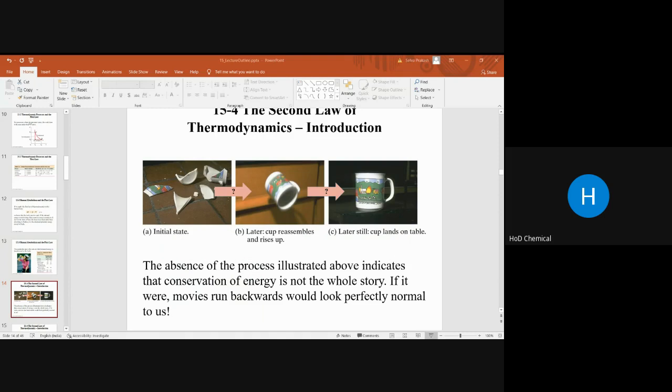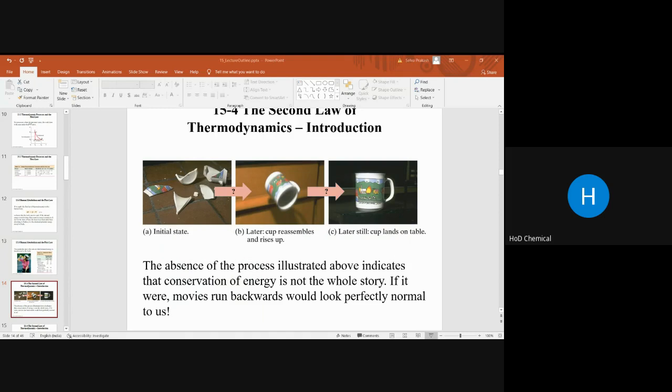The absence of the processes illustrated above indicates that conservation of energy is not the whole story. If it were a movie run backwards, it would look perfectly normal to us, but that does not happen in real life.